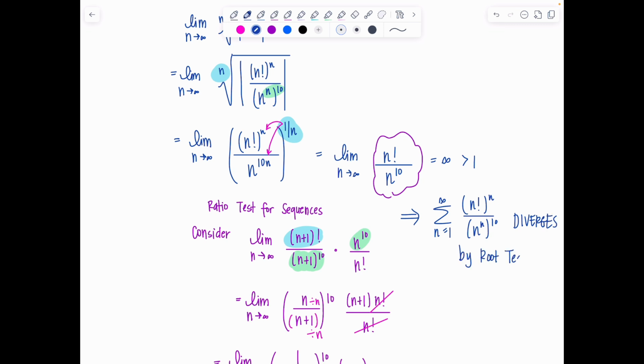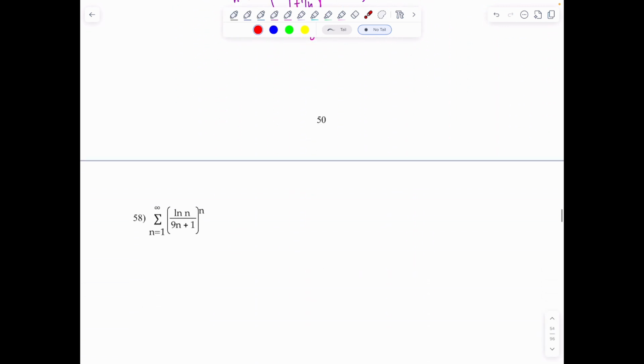The test that I applied for the series was the root test. Along the way, when trying to find this limit, I used the ratio test for sequences. That's not a very common topic that comes up, but I just wanted to cover it in case it's in your book and in your curriculum.